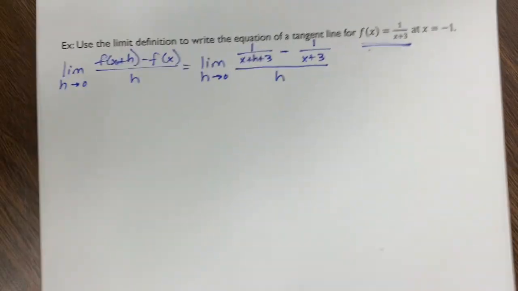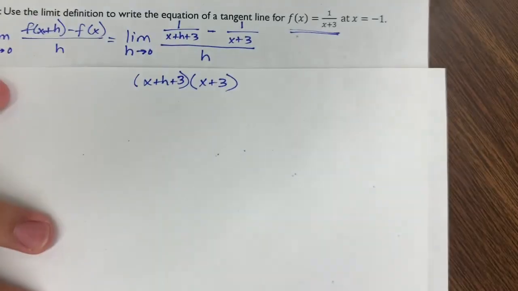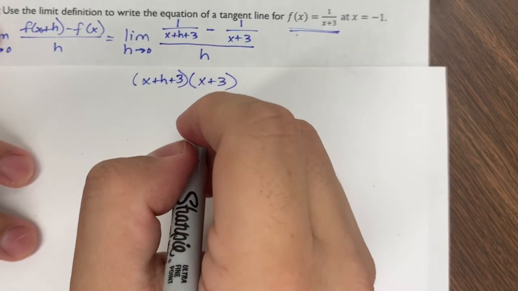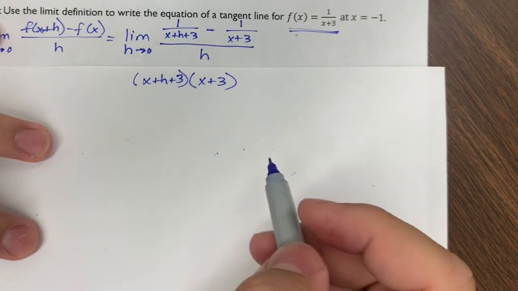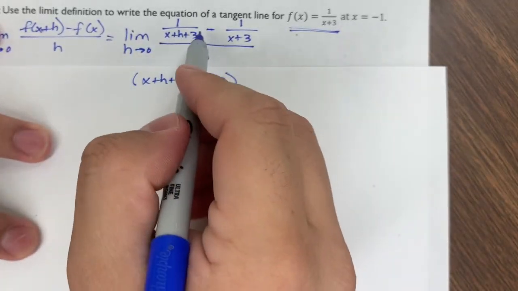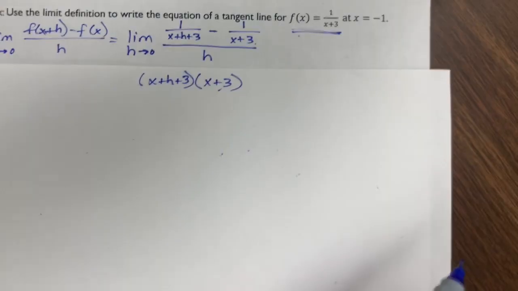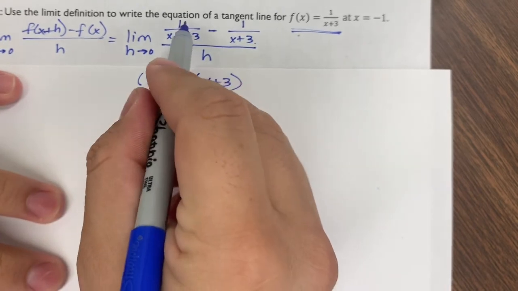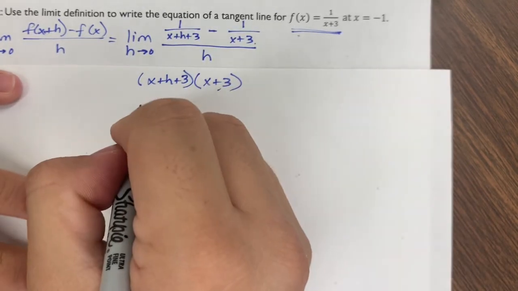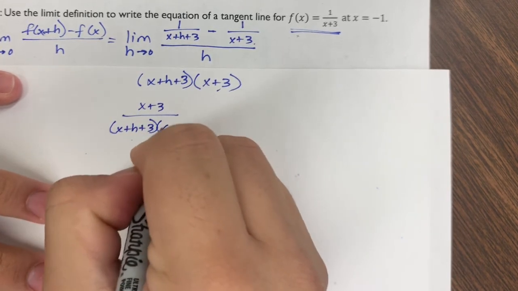My common denominator is going to be x plus h plus 3 times x plus 3. So if I want to combine this into one fraction, I have to multiply the top and the bottom of this one by x plus 3, and the top and the bottom of the other by x plus h plus 3. Multiplying the first by x plus 3, I get x plus 3 over x plus h plus 3 times x plus 3.